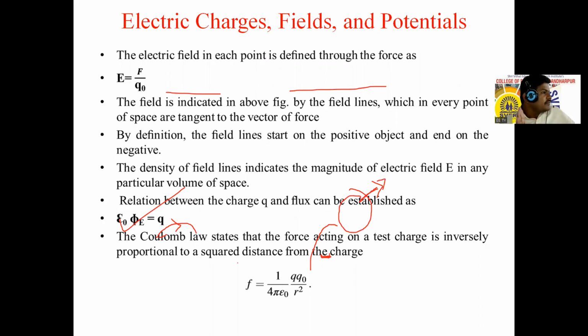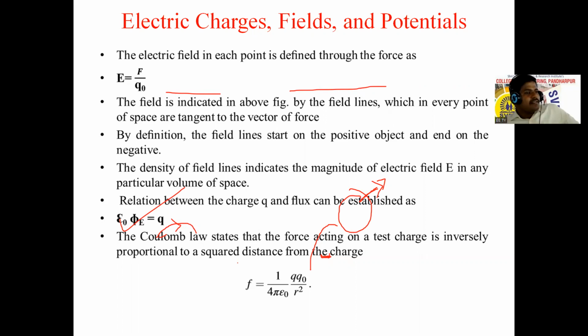Do you know Coulomb's law? If two charged objects are kept near each other, at a distance d or r, then the force created due to those charged elements equals the charge product q1 q2 divided by the square of the distance between the two charged objects, which is r square or d square.